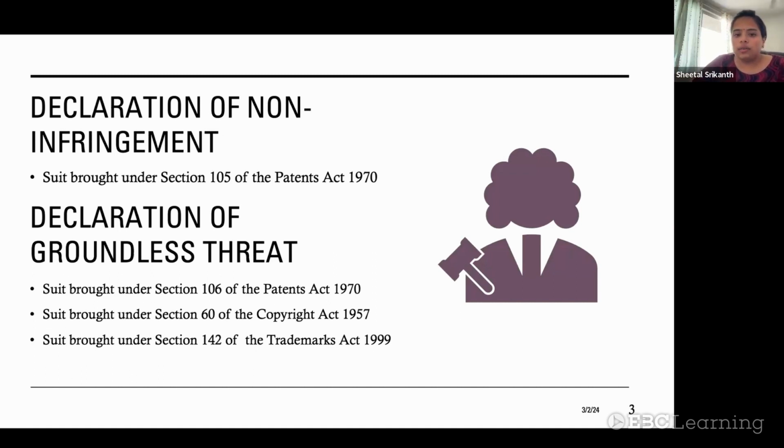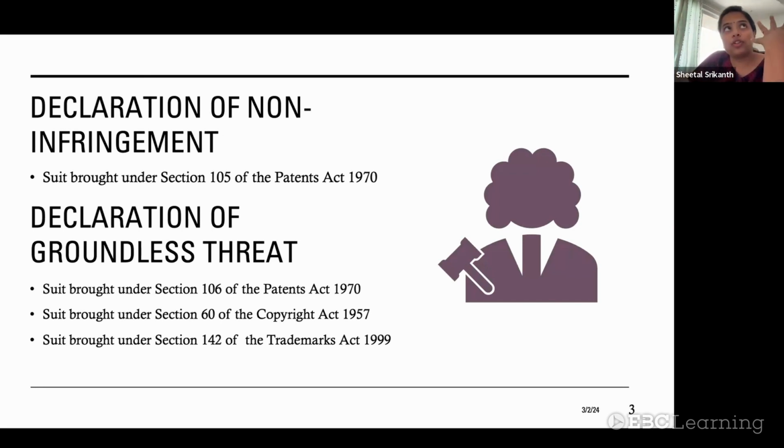So the thing that mainly applies here is that if the person making the threats with due diligence commences and prosecutes the alleged infringement and files a suit, then the claim for groundless threat goes away. The suit becomes infructuous.